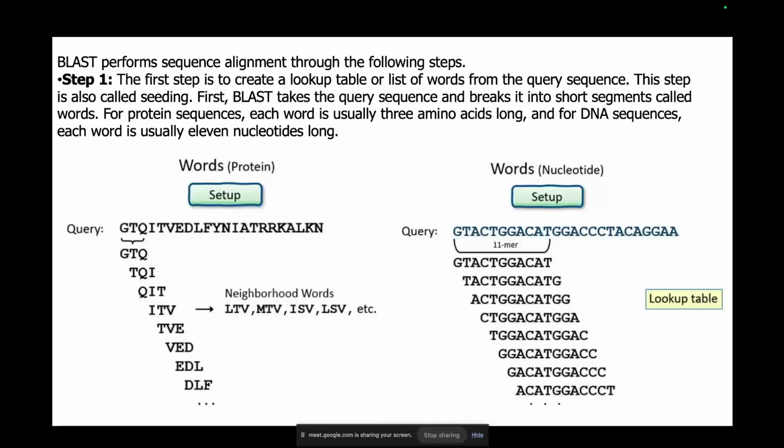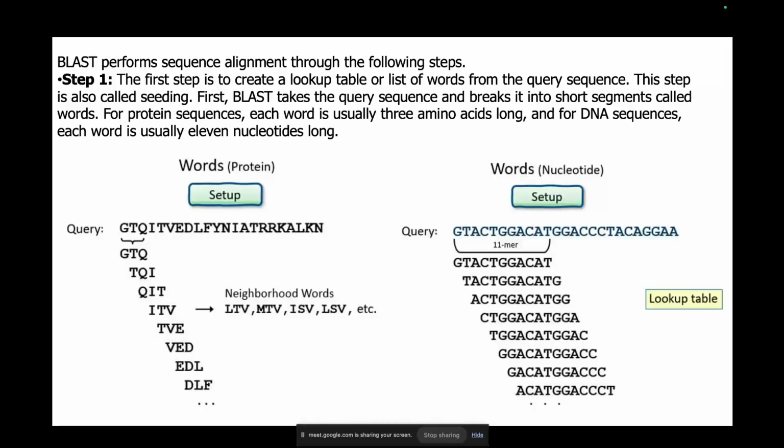I'll go through the steps one by one. So first, when you give it a sequence, what it does is basically create a lookup table, or a list of words, from the query sequence. This is called seeding, right? The BLAST tool takes the query sequence and breaks it down into smaller sequences called words.